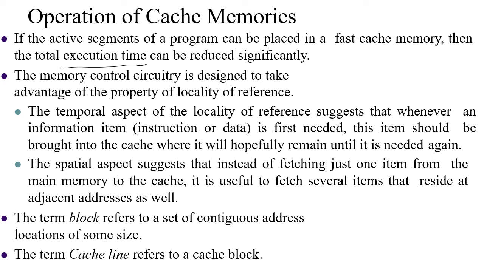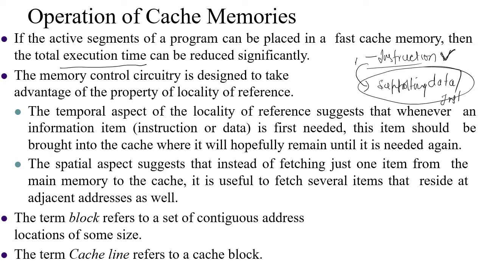As we discussed, in case of spatial, it is not the particular instruction that gets repeatedly executed. This instruction also needs supporting data or instructions. When this instruction gets executed, the chances of the supporting data getting executed are also more.